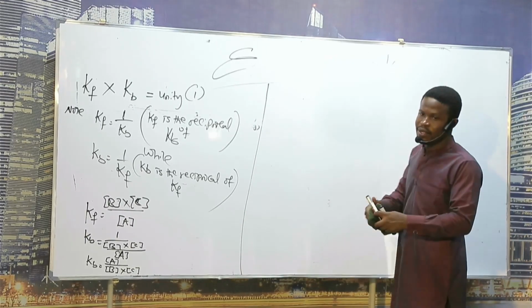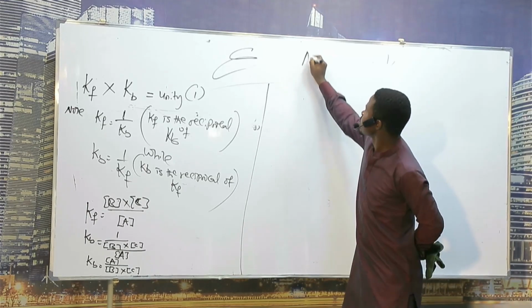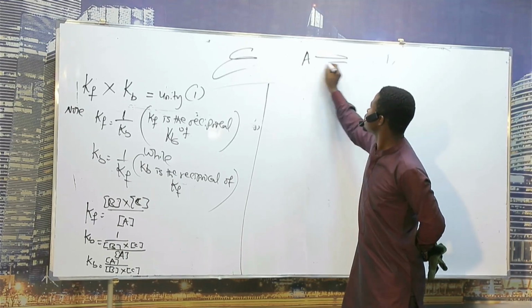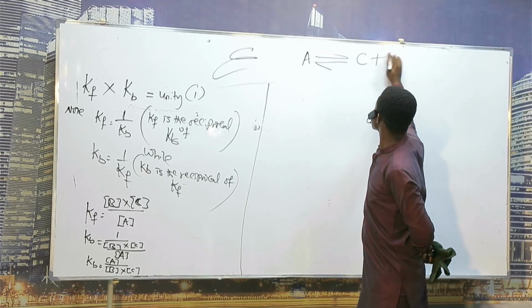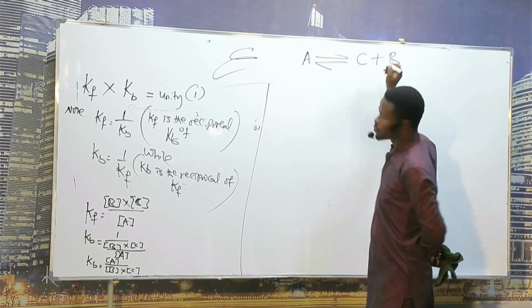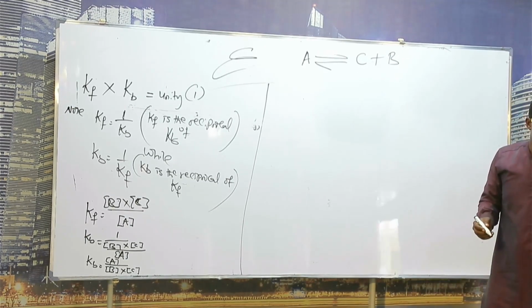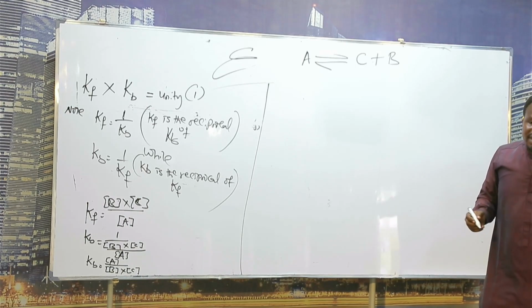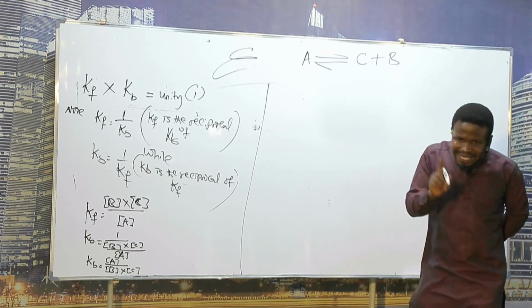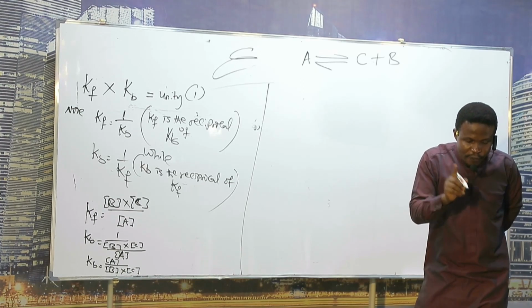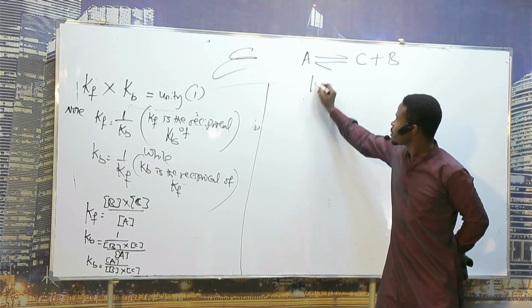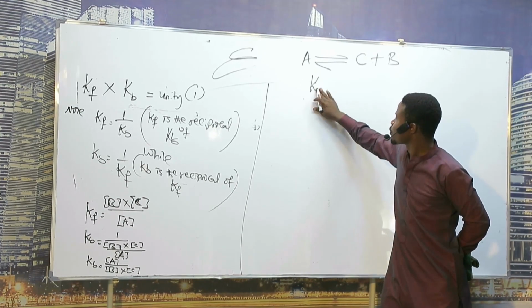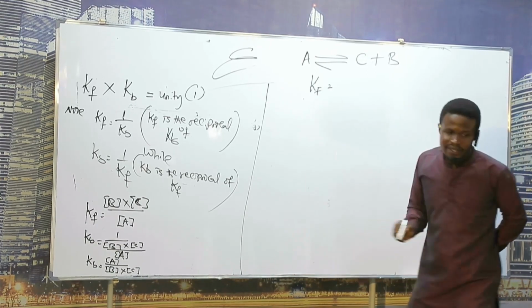Okay, listen, I said A will give us C plus what? B. Relax, look at the board. Now, what is the equilibrium constant for the forward reaction? For the forward reaction, what is it going to be?